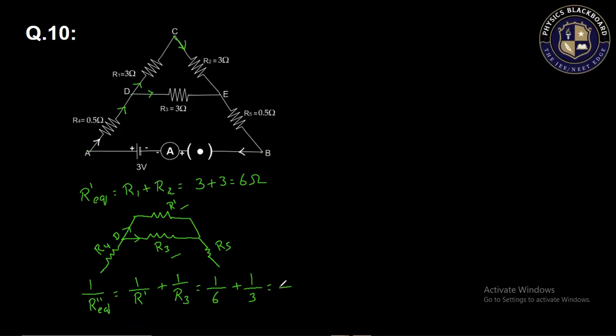You will get 1 plus 2 by 6, that is 3 by 6. 3 ones are 3, 3 twos are 6. So you will get 1 by 2. But if you take R double dash equivalent, that is the reciprocal of it, you will get 2 ohms.